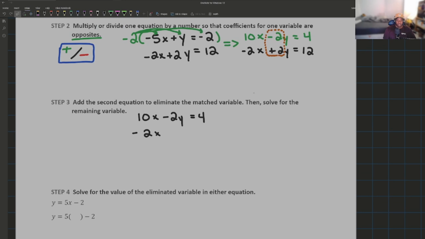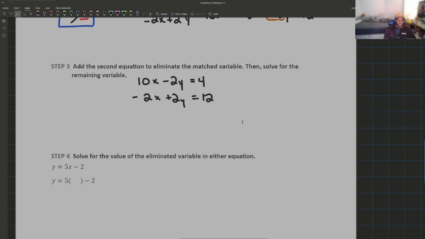Negative 2x plus 2y equals 12. And like the step says, we're going to add everything together, every single thing. So we're adding these, we're adding these, and we're adding these.